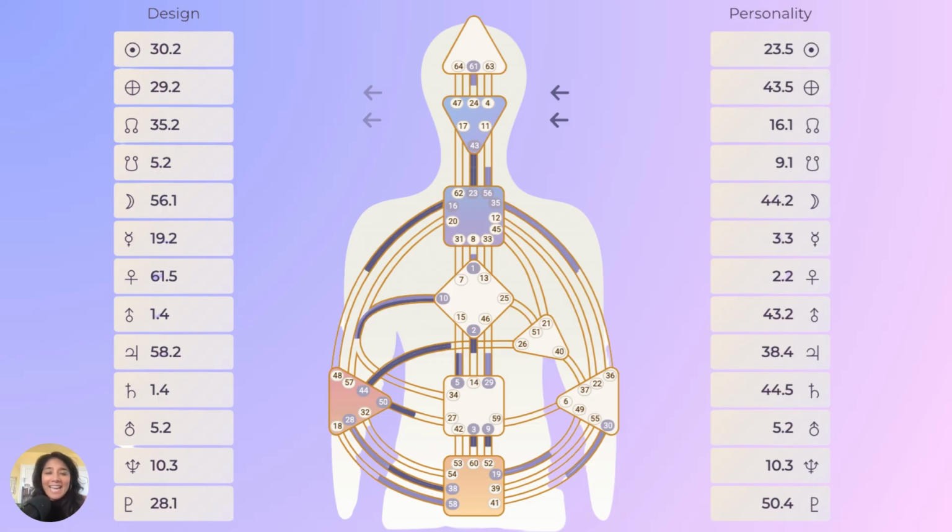And that's why I can't help but be a little technical sometimes to really show everything that I know, because I'm a projector. So I really know my stuff when I'm talking. Okay. So because of no motor connected to the throat and definition in the centers, we know that this person is a projector.